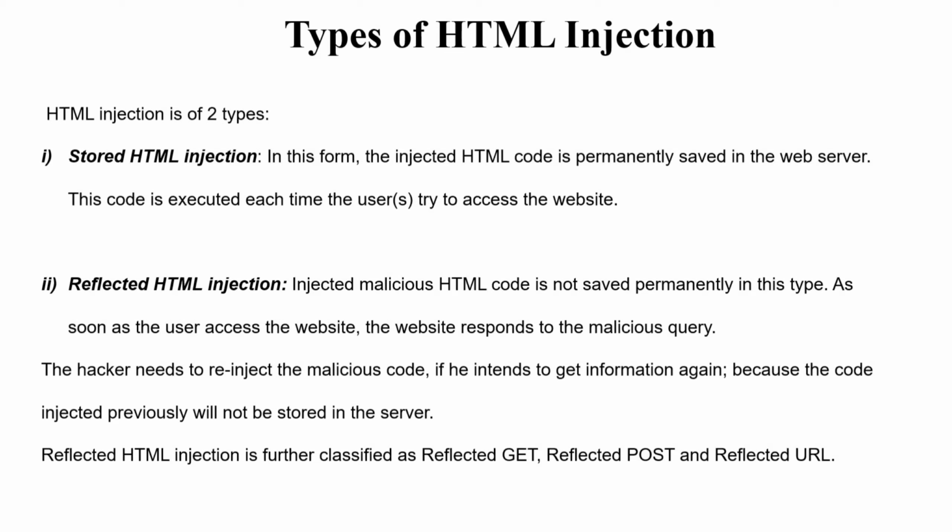As soon as the user accesses it, the website responds to a malicious query. The hacker needs to re-inject the malicious code if he intends to get information again. Within reflected HTML injection, there are mainly three types: reflected GET, reflected POST, and reflected URL.